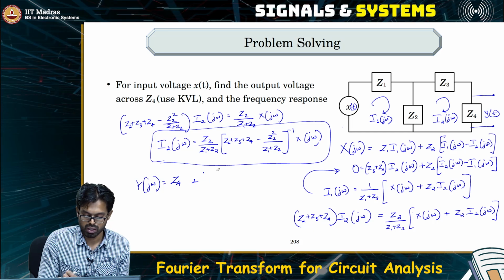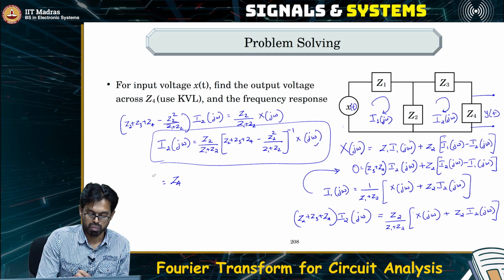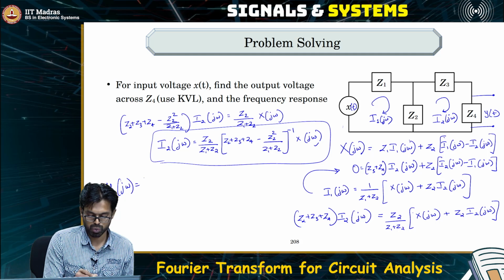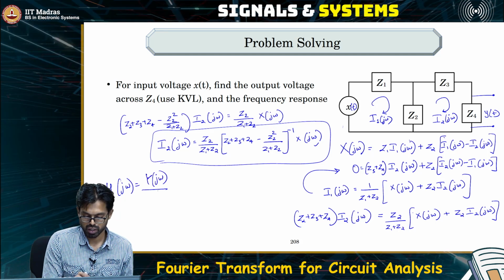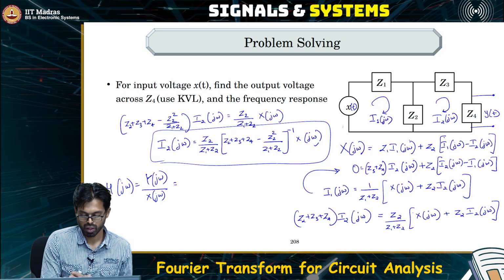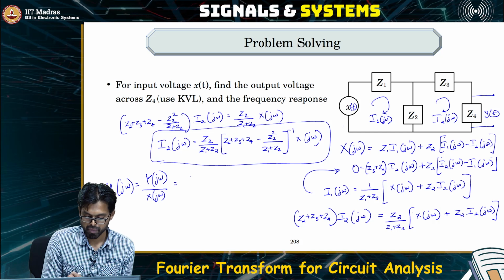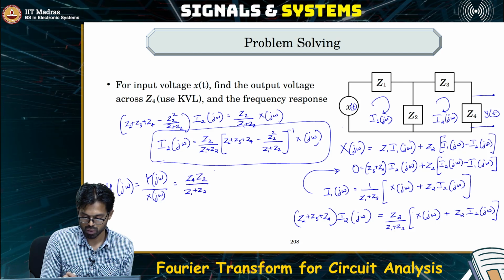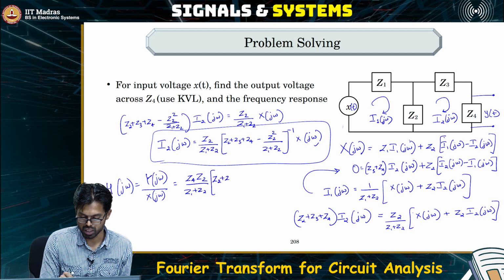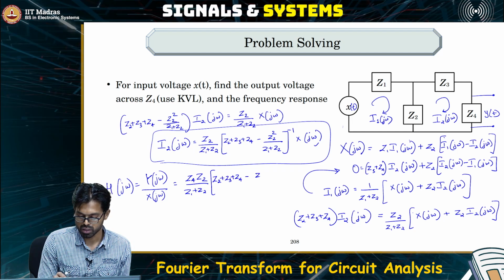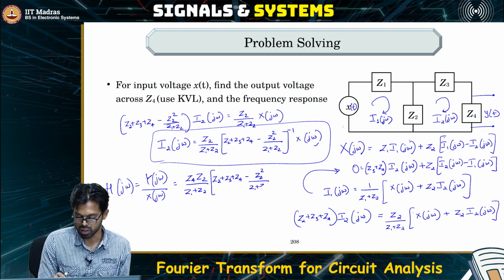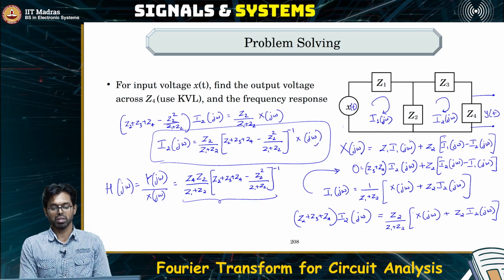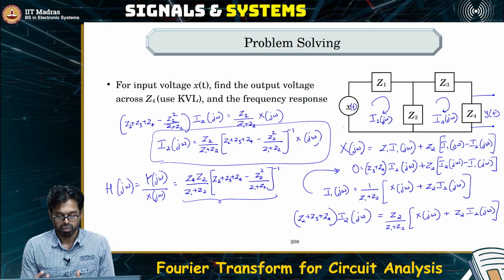In other words, this is the frequency response that we are looking for, H of j omega, which is equal to Y of j omega divided by X of j omega, which is equal to Z4 Z2 by Z1 plus Z2, into Z2 plus Z3 plus Z4 minus Z2 squared by Z1 plus Z2, whole inverse.